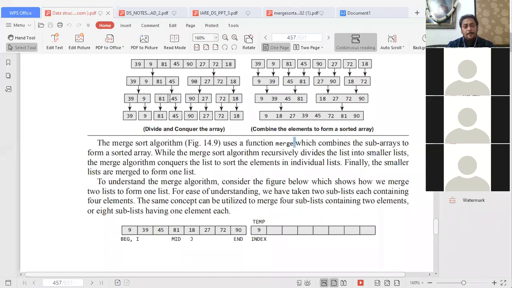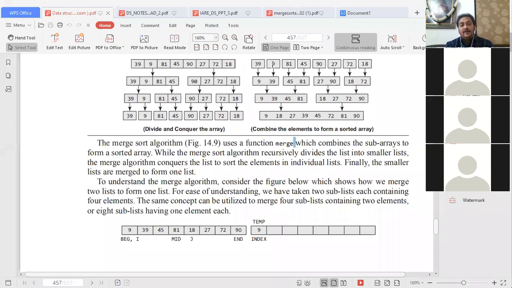Do you understand up to here? Again, a subarray of 2 elements is divided into single elements, that is 39 in one place and 9 in another. Suppose the subarray of 39 and 9 is A3, and A3 is further divided into A4 as well as A5. Then what did we do? Now we use a technique like bubble sort.